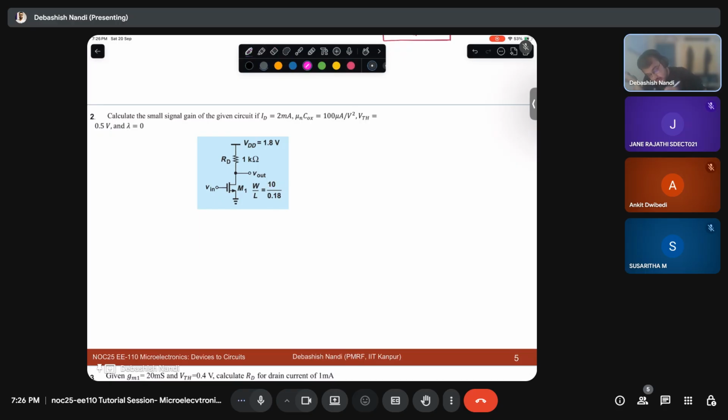So if we start analyzing the circuit, we need to find out the gain, right? So the small signal equivalent. Again, we'll skip the detailed small signal circuit part. This will be grounded in small signal, this is RD and this is my Vin. So what current is flowing in this?